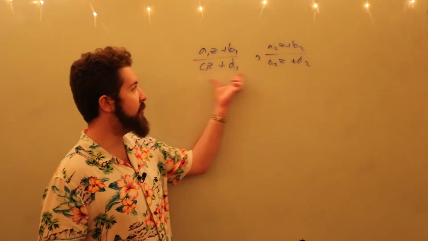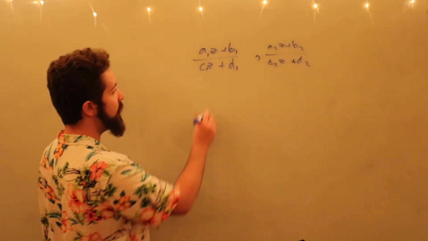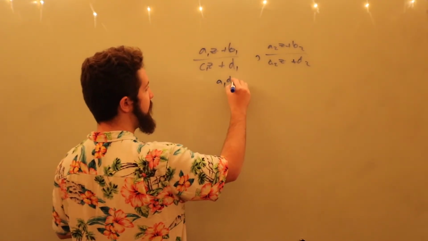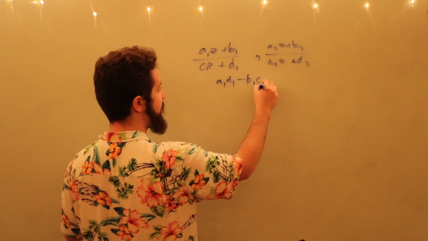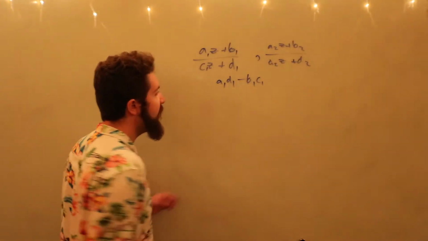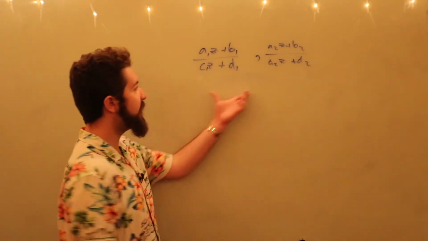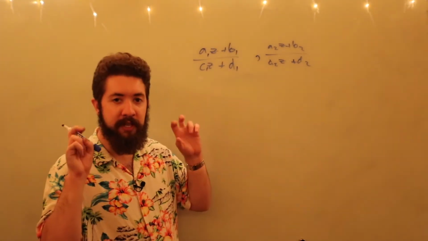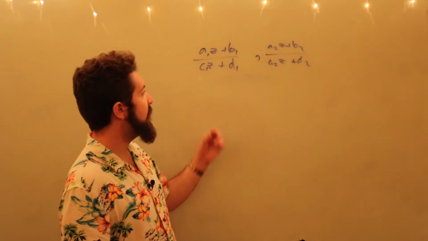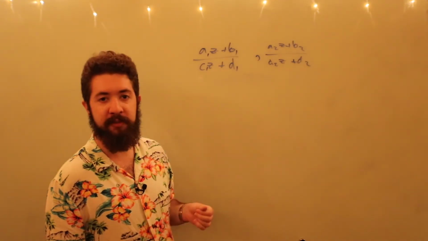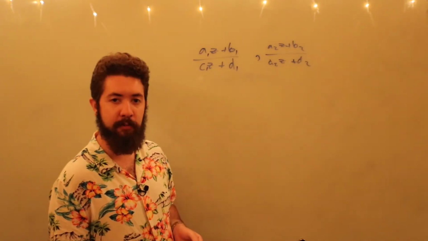Alright, suppose we have two functions of this form, where a1d1 minus b1c1, and likewise here, is non-zero. Now we want to consider such linear fractional transformations under the operation of function composition, where z is our independent variable.